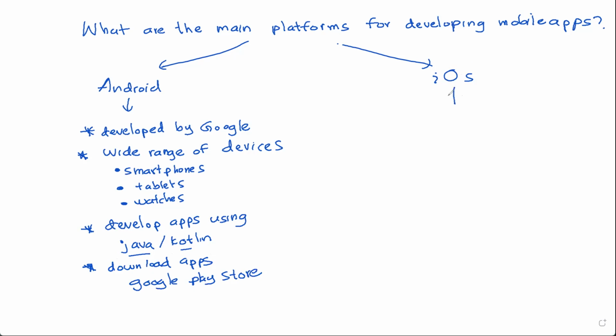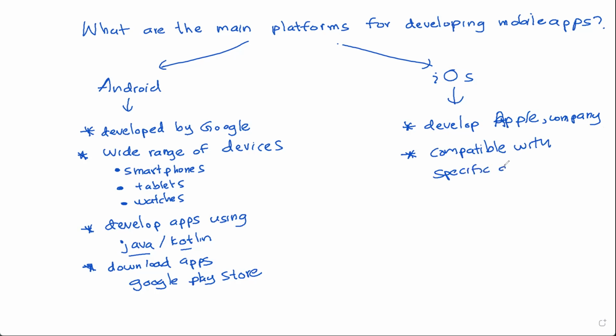In contrast, iOS, which is developed by the Apple company, can only be used on specific compatible devices, such as iPhone, iPad, iPod, likewise.